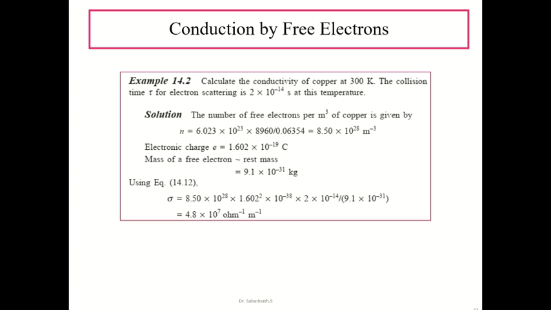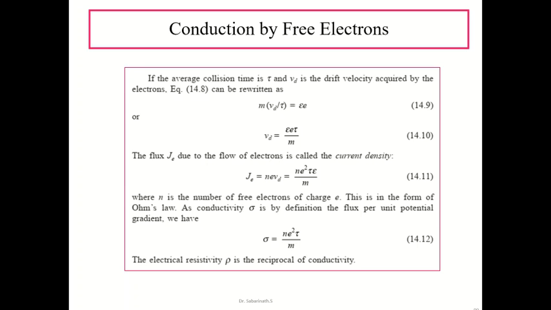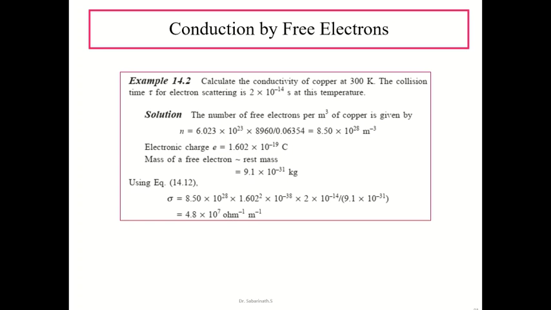So using the equation sigma is equal to N e square tau by m, we get 8.5 into 10 raised to 28 into e square, that is 1.602 into 10 raised to minus 19 whole square, into time, that is 2 into 10 raised to minus 14, divided by mass of free electron, that is 9.1 into 10 raised to minus 31. So when solving we get the conductivity of copper sigma is equal to 4.8 into 10 raised to 7 per ohm per meter.